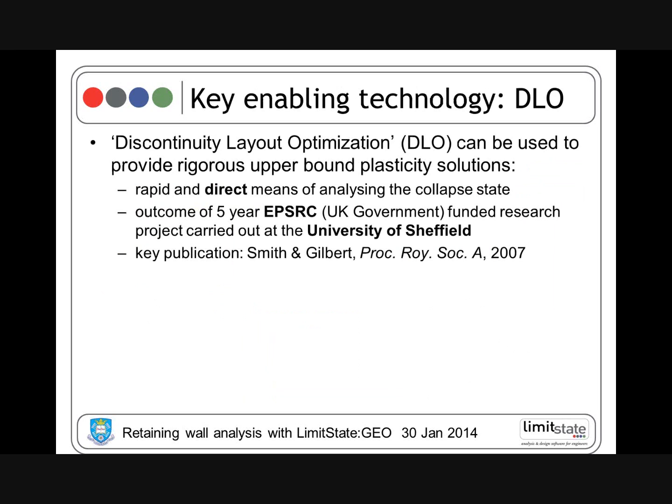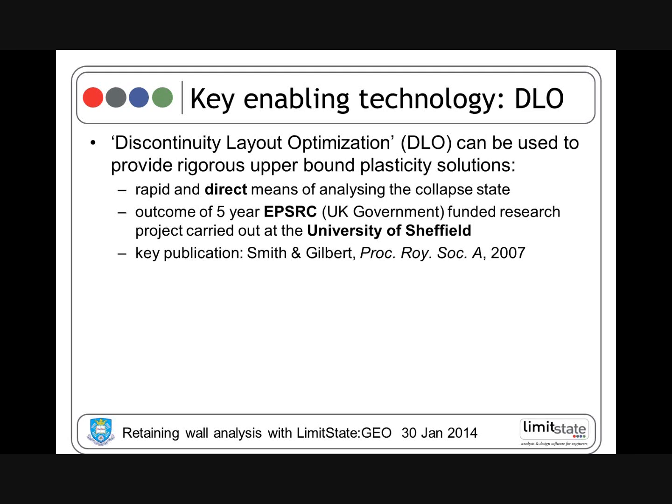So the analysis that the software carries out uses a computational limit analysis technique called discontinuity layout optimization. Essentially that provides rigorous upper bound plasticity solutions and is a rapid and direct means of going straight to the collapse state, with no need to iterate towards that collapse state.